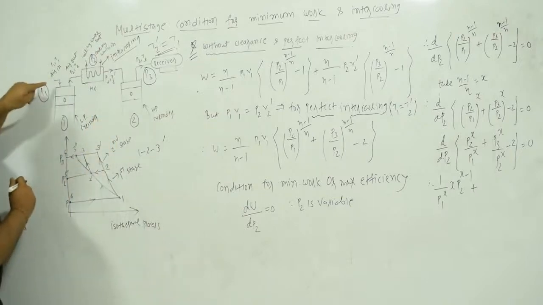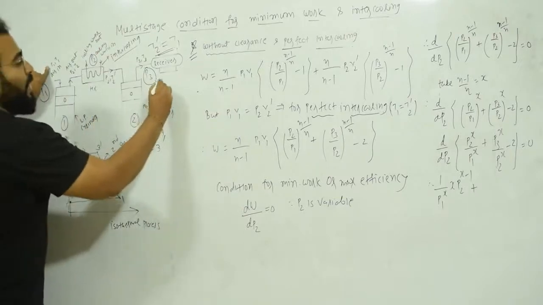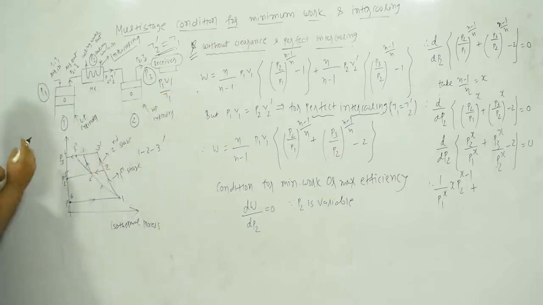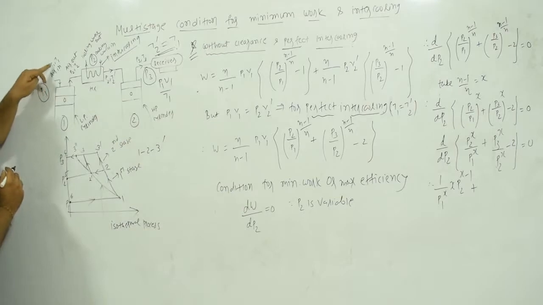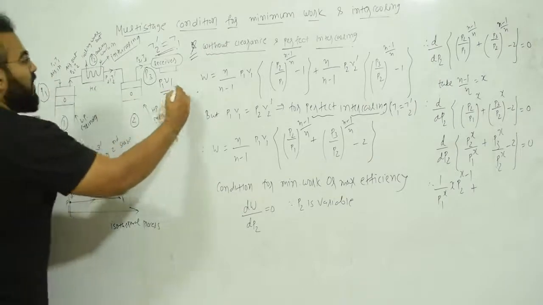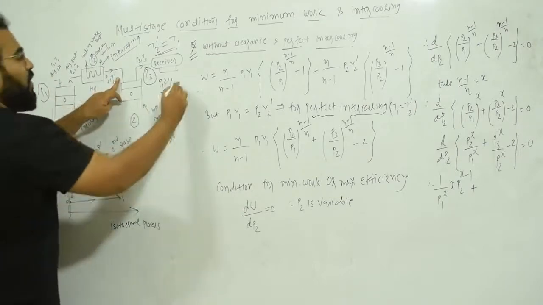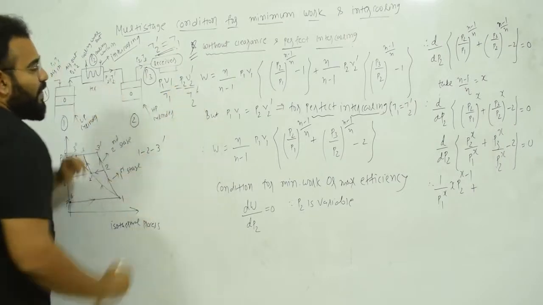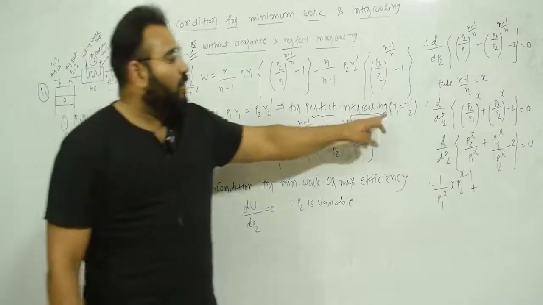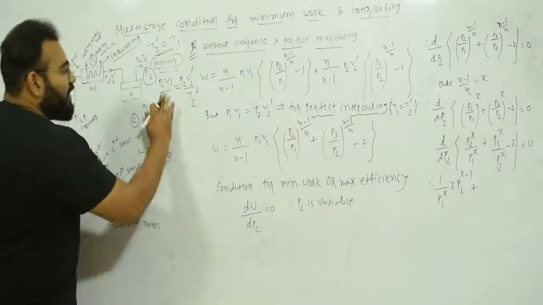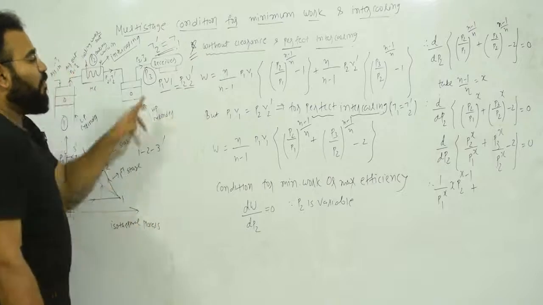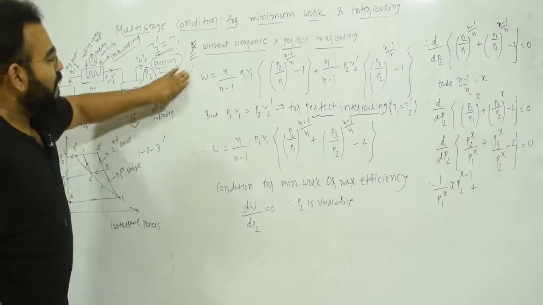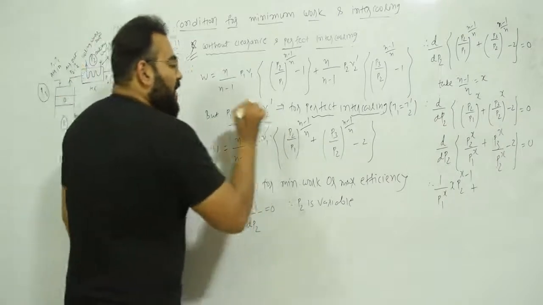For this process, can you write P1 V1 T1 equal to P2 V2 dash T2 dash? But you know that for perfect intercooling, T2 dash equals T1. So these cancel. Therefore P1 V1 equals P2 V2 dash. That is the logic for writing P1 V1 equal to P2 V2 dash.